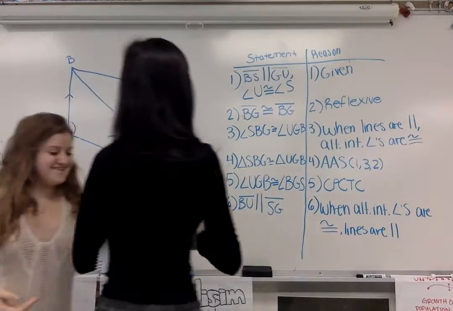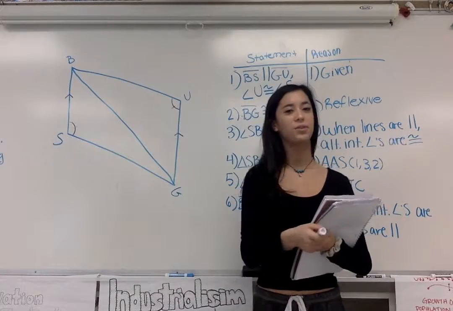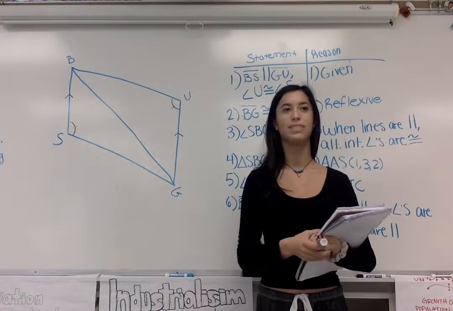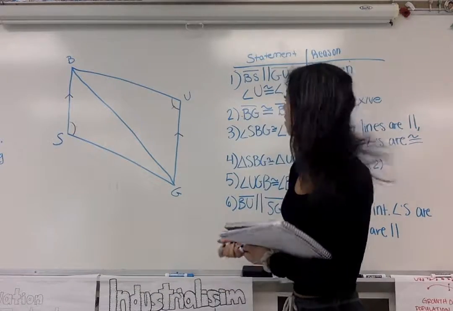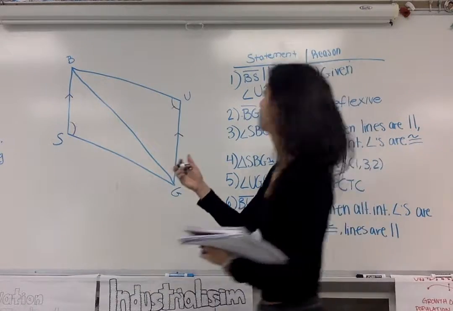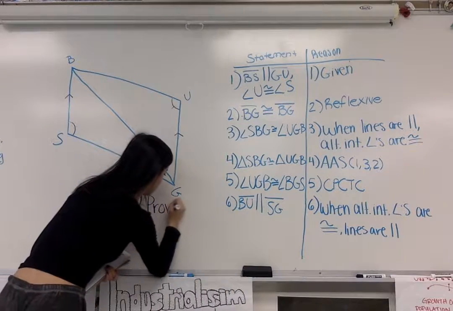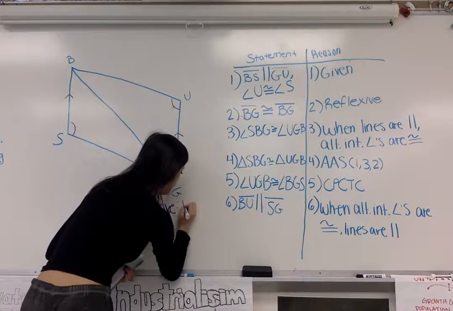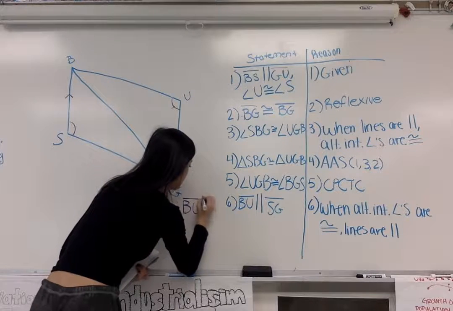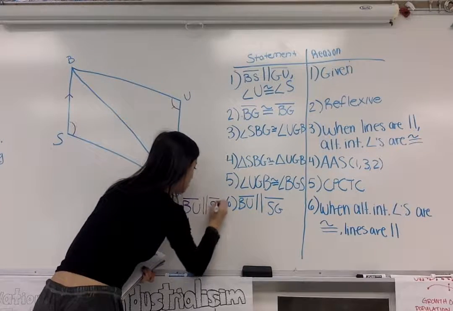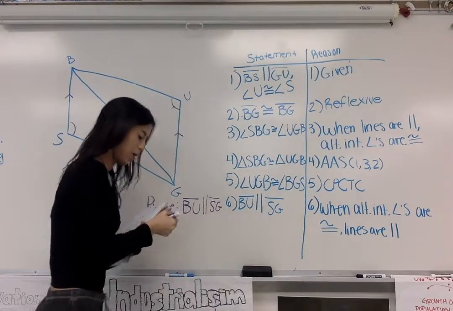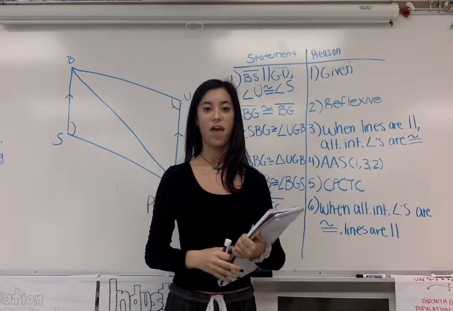After you do your givens, you want to make sure you know what you have to prove. So here, we have to prove that BU is parallel to SG.